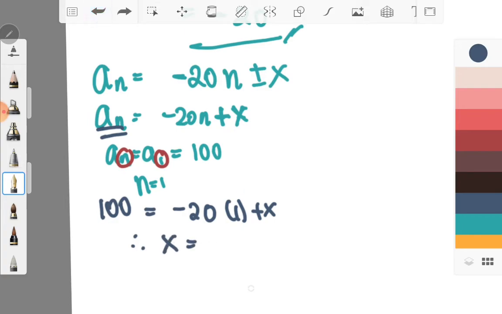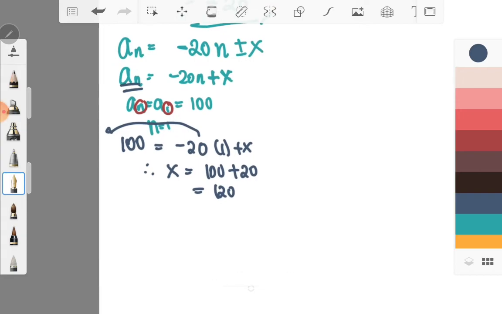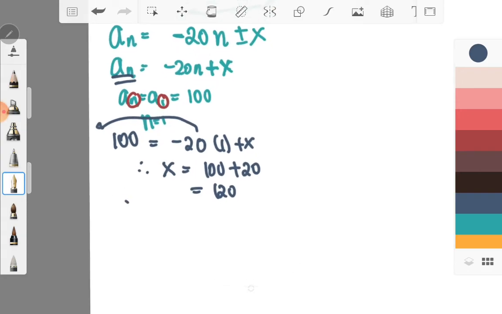Tama? So, paano nakuha yun? 100 plus, ito transpose ko yun, plus 20, which is equal to 120. x is equal to 120. Therefore, I have my equation an = negative 20n plus 120.